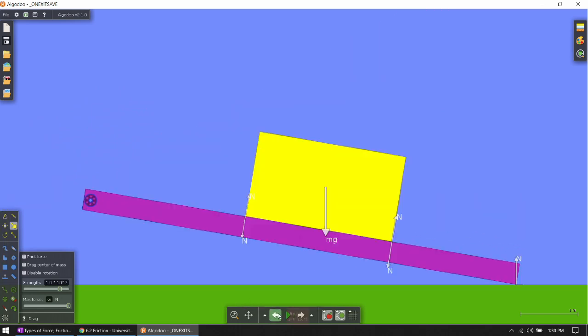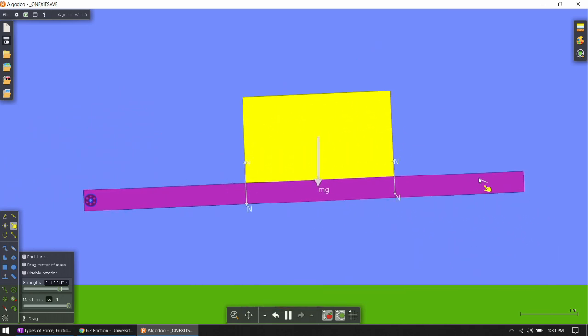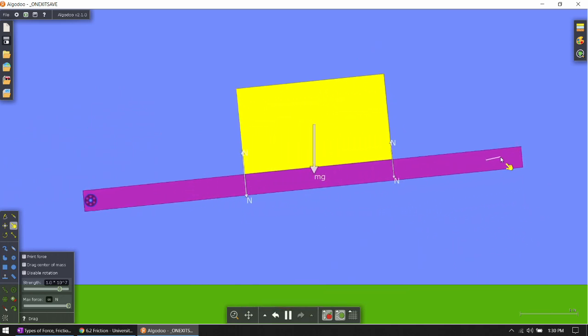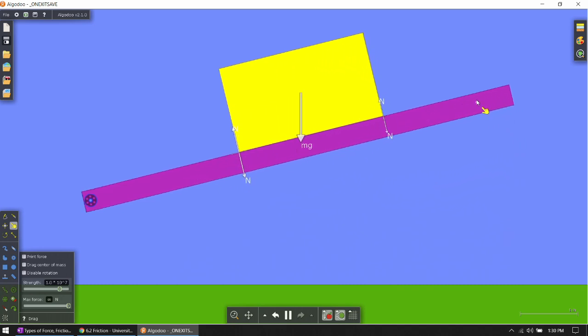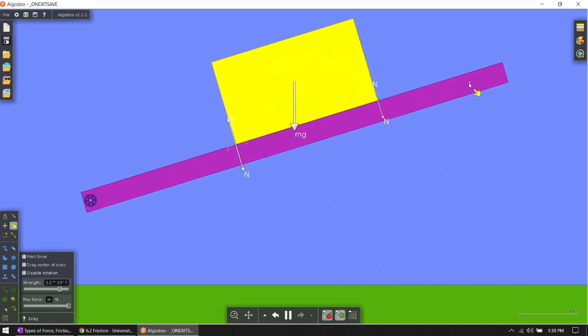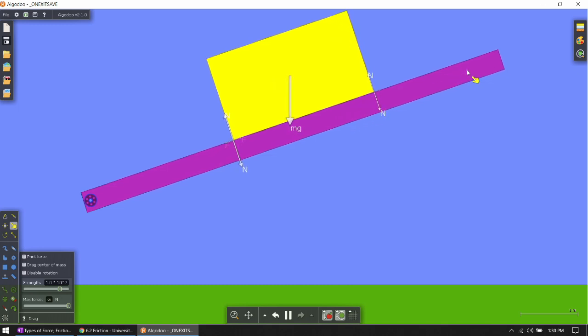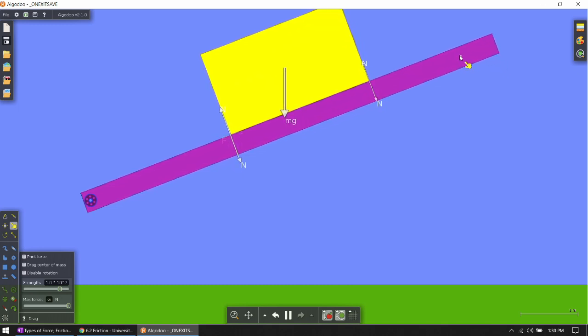If you are in the static friction regime, then you have to be careful that what you have is not an amount of friction force, but the condition that the two surfaces in contact don't slide. And the friction force is whatever it needs to be so that the sliding is prevented.